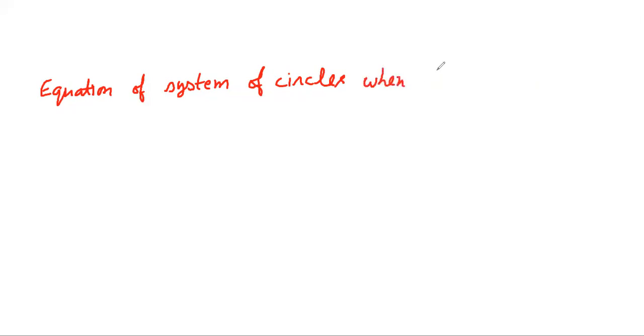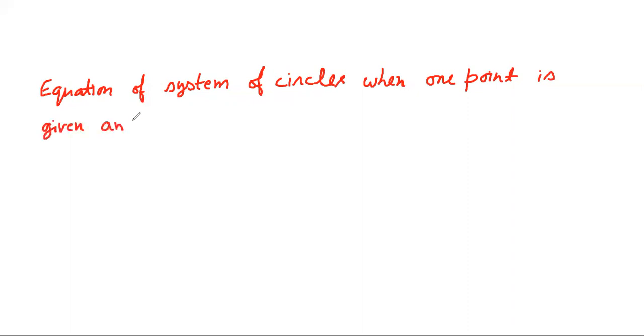Now we want to write down the equation of the system of circles when one line is given and one point is given.